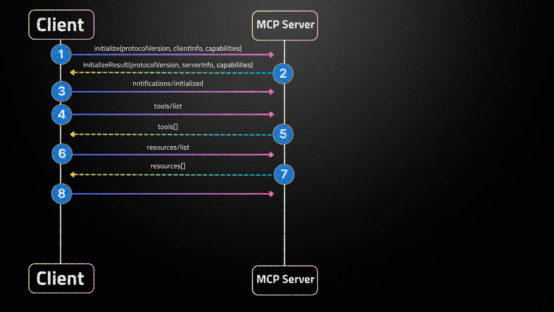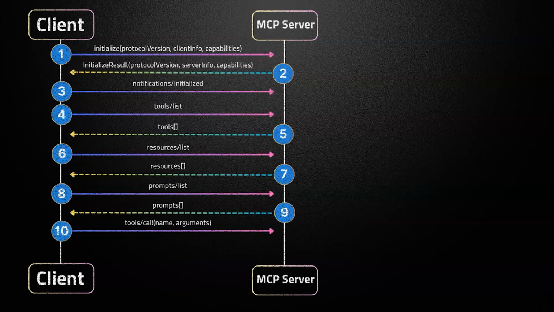Similarly, the client can also ask what prompts are defined, and the server will return the prompt definitions, names, and arguments for structured prompt retrieval. If the client chooses a tool and executes it with typed arguments that satisfy the tool's input schema, then the server returns a result containing the content.